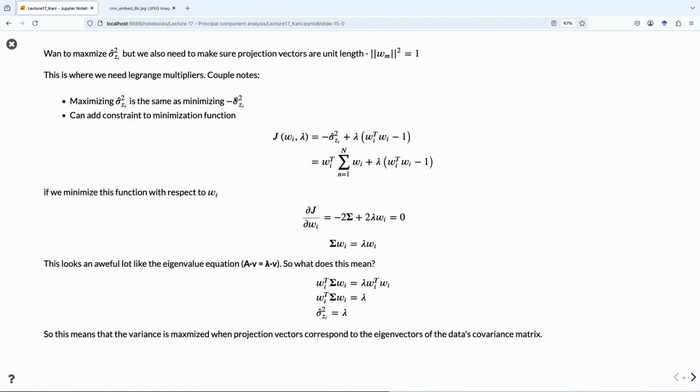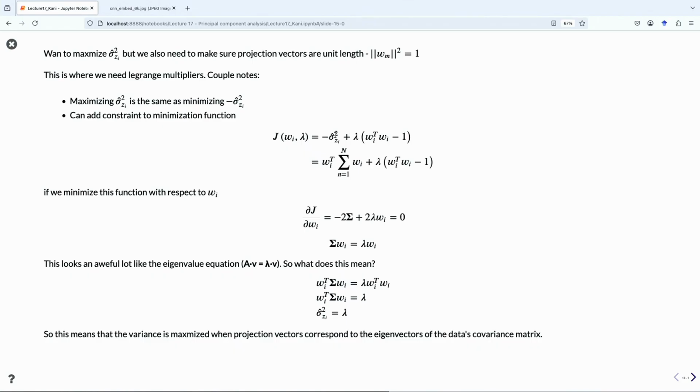Then we add in the Lagrange multiplier for the constraint, namely that the vector times itself has to be equal to 1. Okay, easy as that. And then we also get our results from the previous slide.